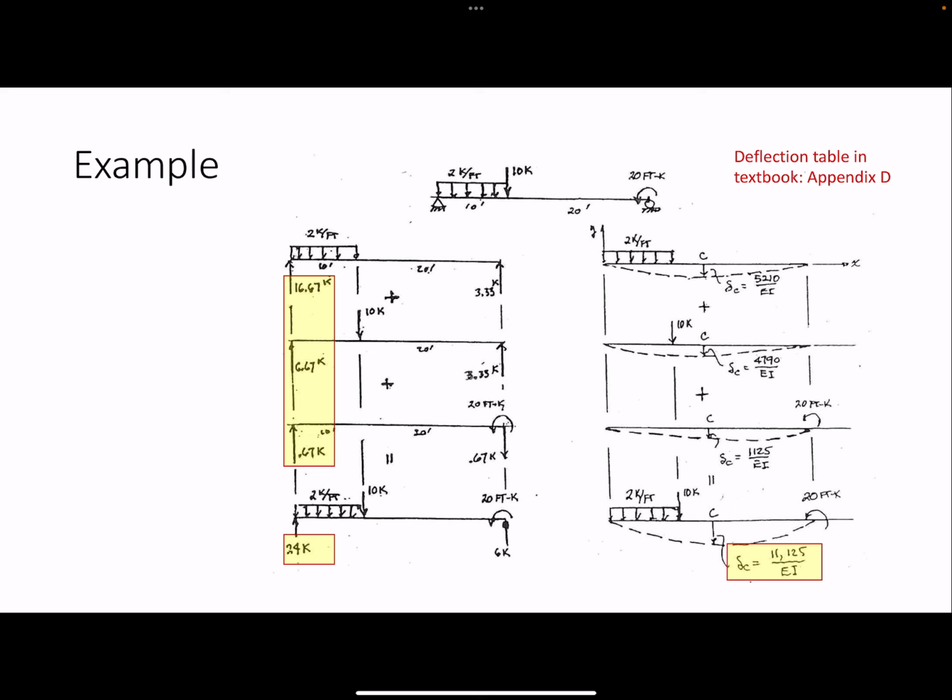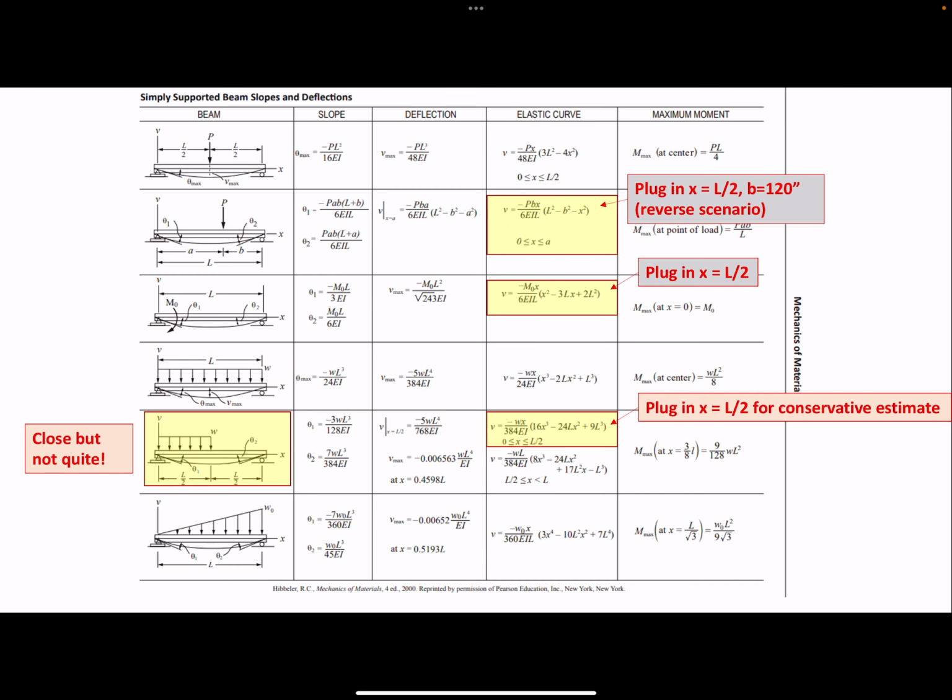The deflections are often tabulated in appendices of textbooks. So in your textbook, this is in Appendix D. There's also, so here's an example. I don't think this is the same table that's in your book, but this is the table that you would see when you take the FE exam in the FE handbook that you can get from NCEES.